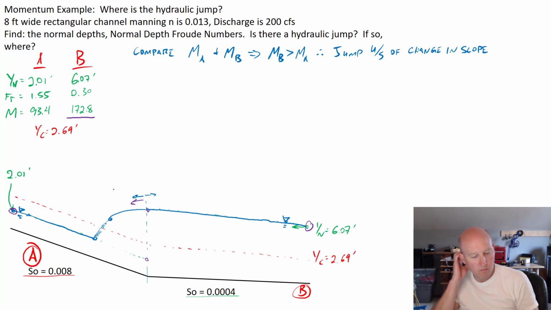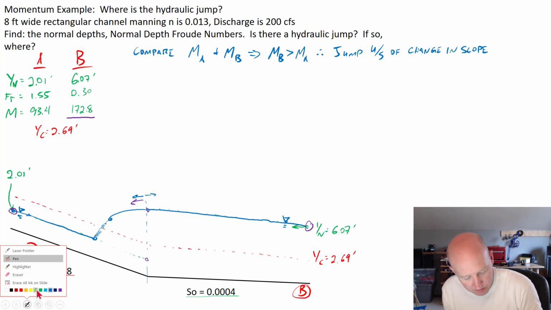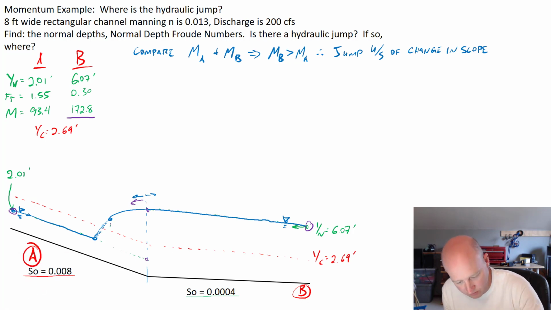Some of the things that we are interested in is how far is this jump upstream of that change in slope? So what is this dimension? We'll call that delta x. So we're going to do that calculation. To do that calculation, we need to know what that depth is.